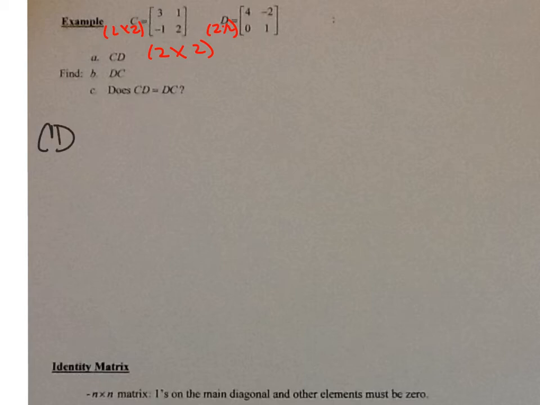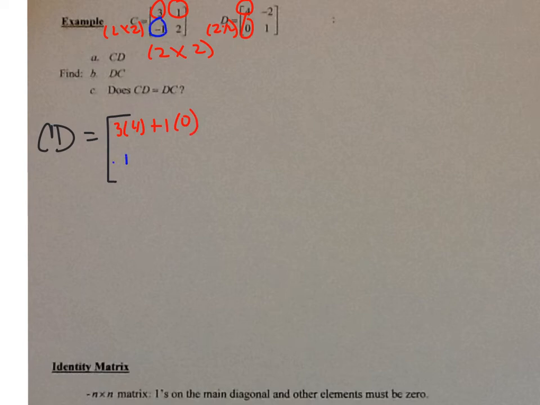Okay, so C times D is going to be 3 times 4, plus 1 times 0. Okay, and then it's going to be -1 times 4 plus 2 times 0.